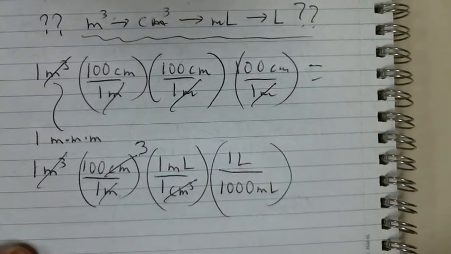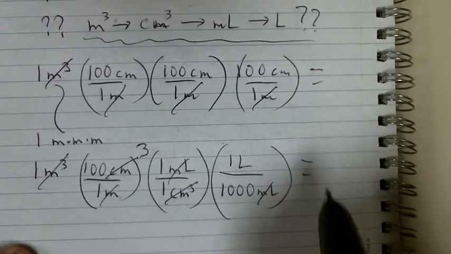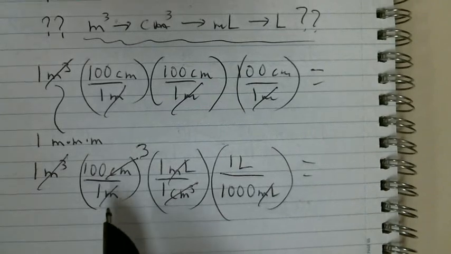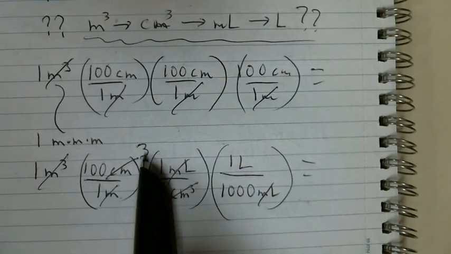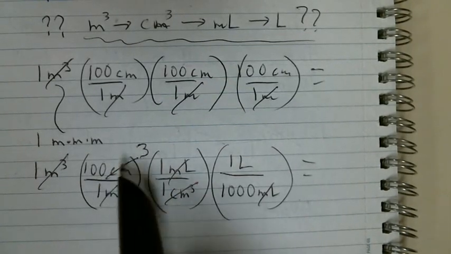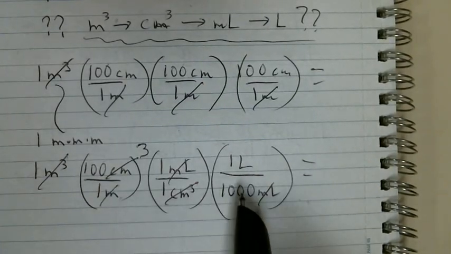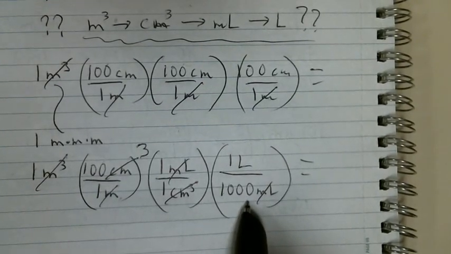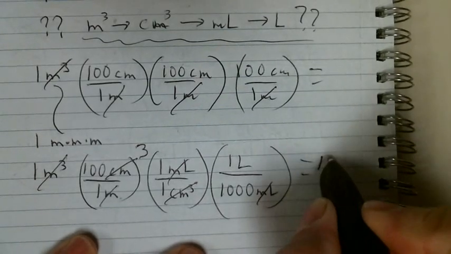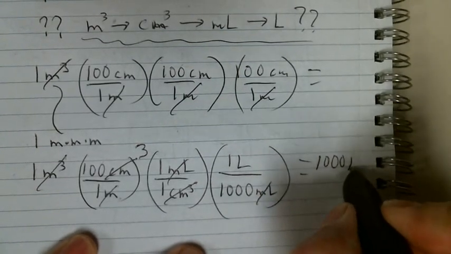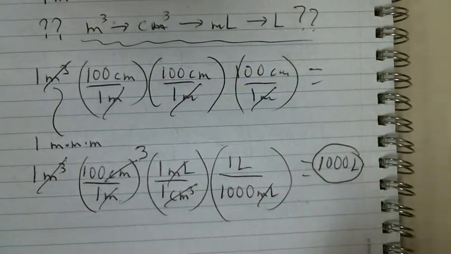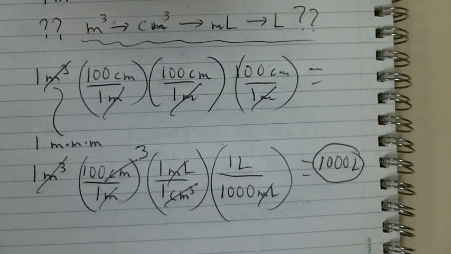And there's my conversion factor, and that cancels out. So now I've got 100, but that's 100 cubed, 100 times 100 times 100, which would be 10 to the 6th divided by 10 to the 3rd. So this better be 1,000 liters. And I really hope that's the right answer.